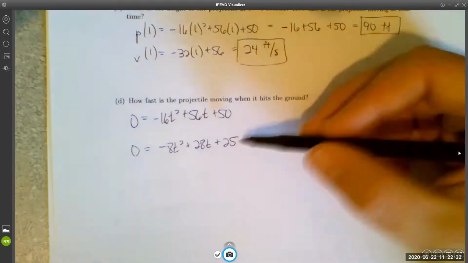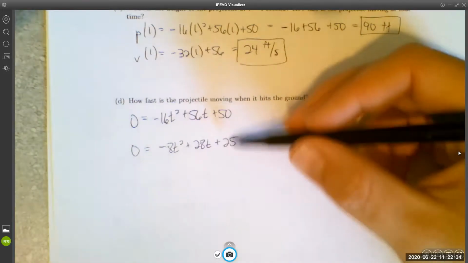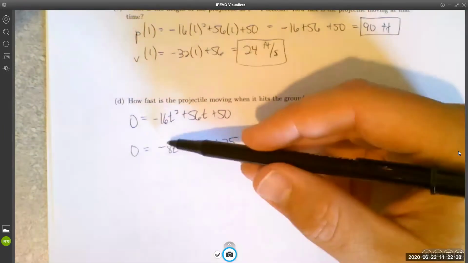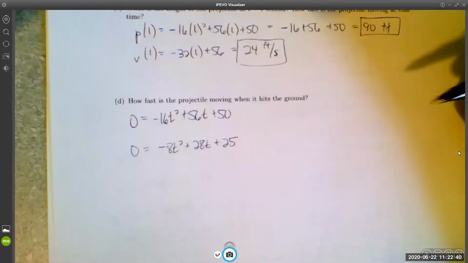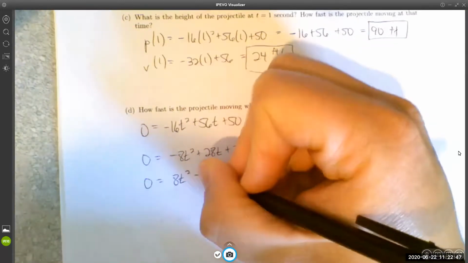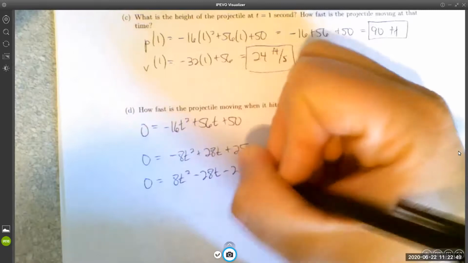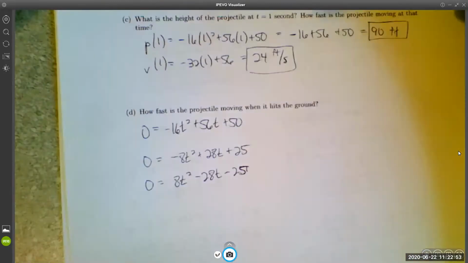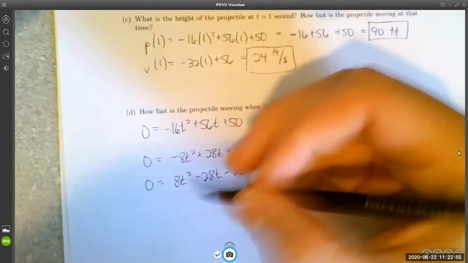Well, for 25, I don't have too many options, right? 5 and 5 or 25 and 1. For 8, I have a couple options, 8 and 1 or 4 and 2. Maybe I should divide through by a negative as well. That'll make things a little easier, at least for me. Okay, well, let's try.